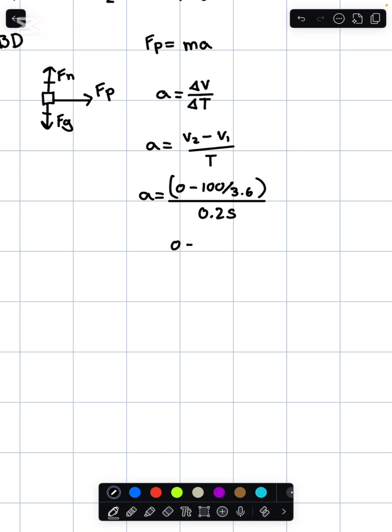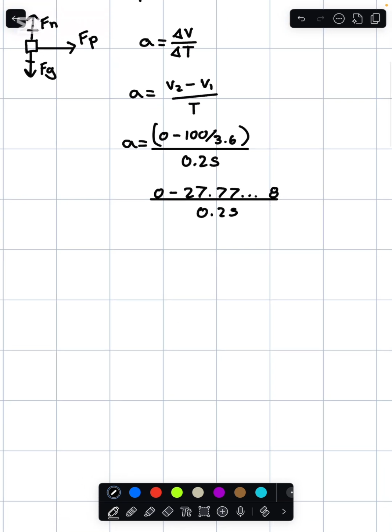So 0 minus 27.77 all over our time, 0.25. We are going to get roughly 111.11 continuously going on for 1.